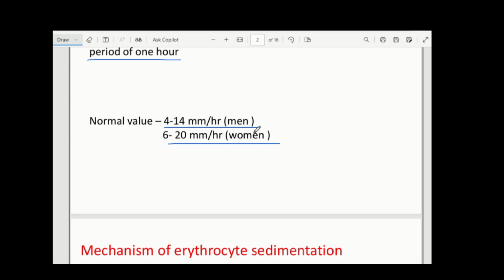There are some hormonal factors that influence fibrinogen and erythropoiesis. RBC numbers differ in men and women. Those factors control this value.